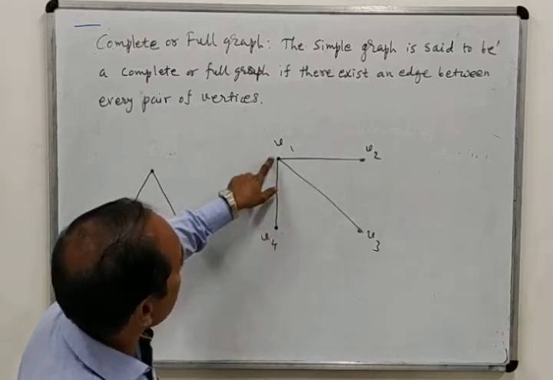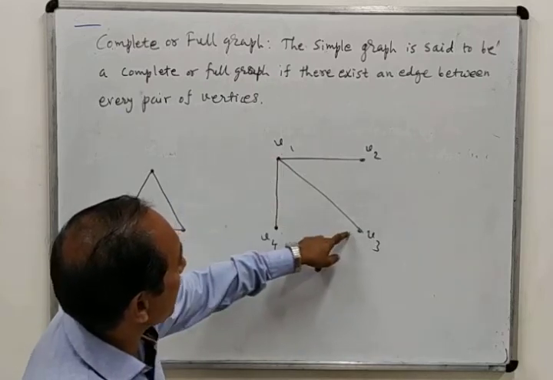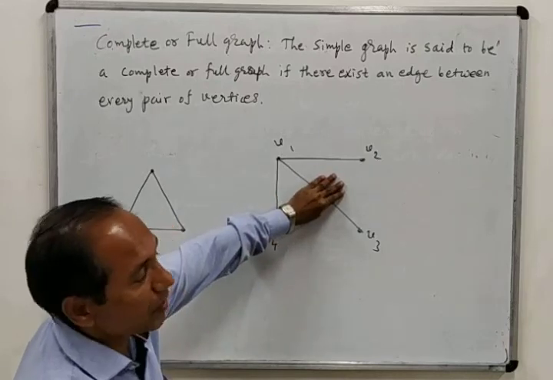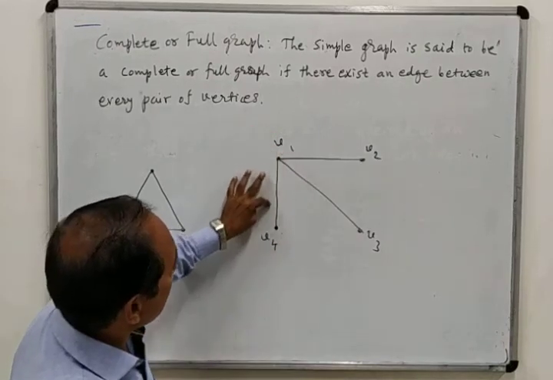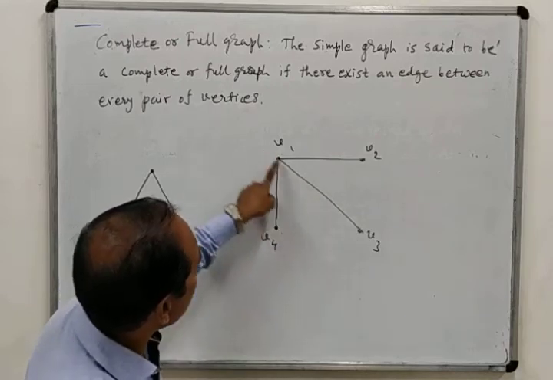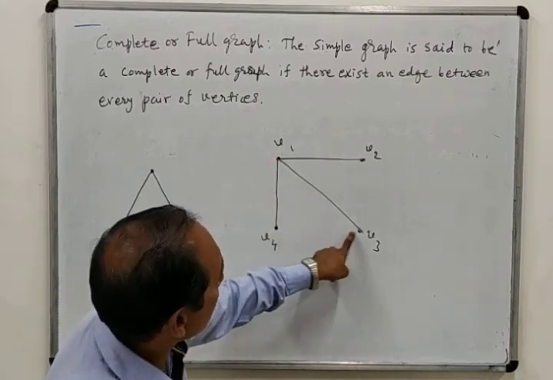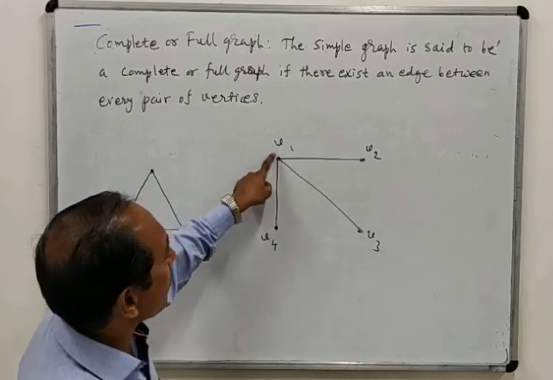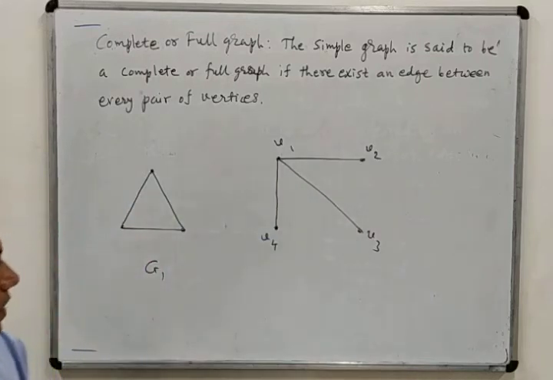Then we cannot say that there is an edge between V1 and V3 if we don't draw it. This is not allowed, because although we can reach V3 from V1 via V4, here there must be a direct connection between the 2 vertices.